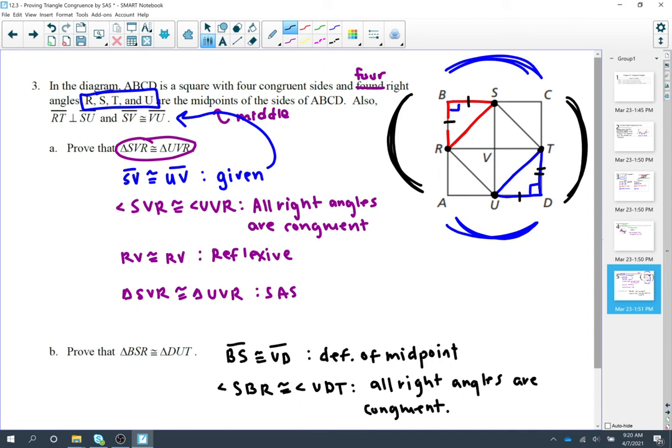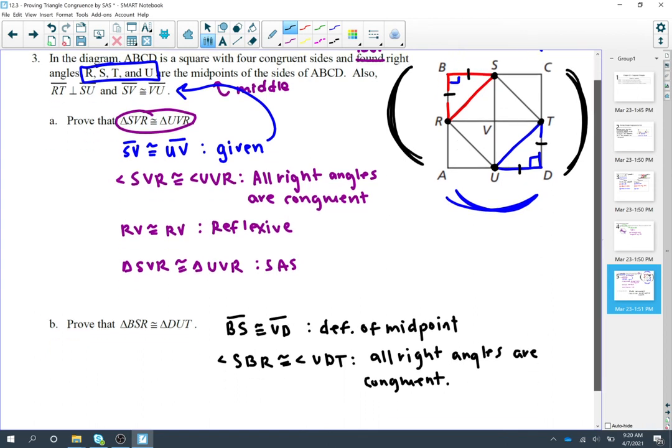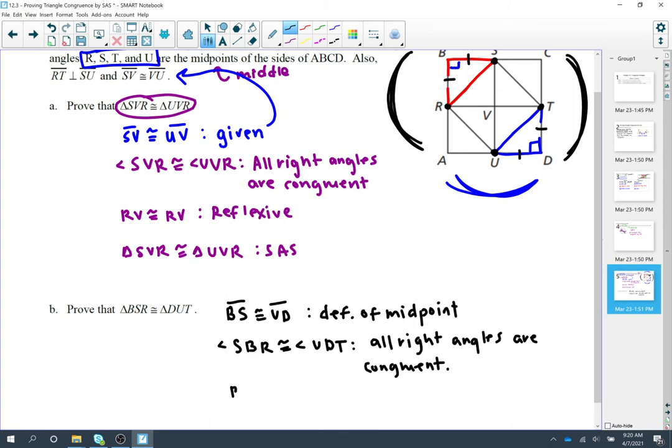I could have just put 1 because they're all going to be congruent to each other. So then I can say that BR is congruent to DT. And the reason, once again, is definition of midpoint.